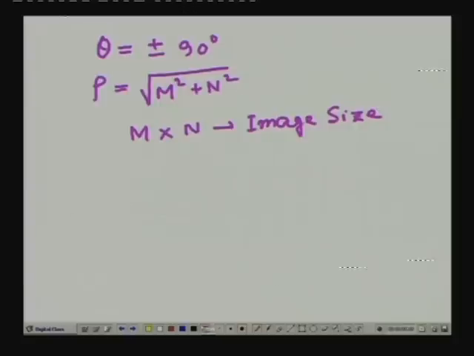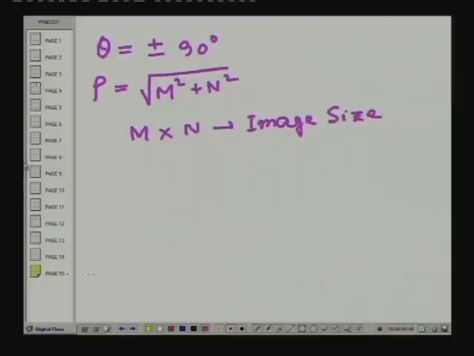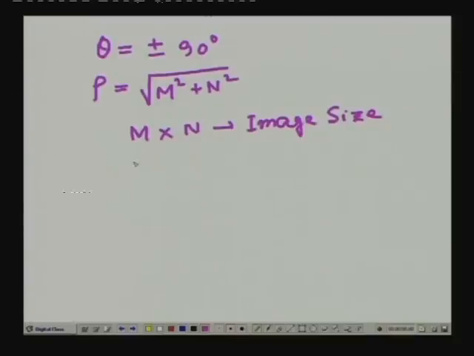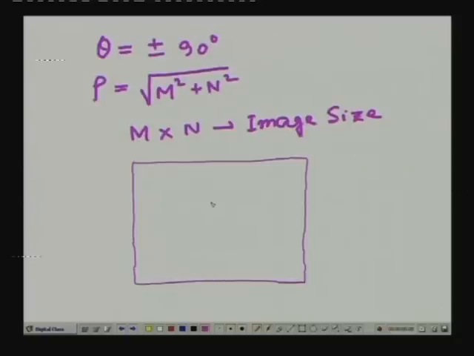And this is quite obvious, because if I have an image of dimensions say m by n, say here the image dimension is there are m number of rows and say n number of columns, and this is the origin of the image plane.